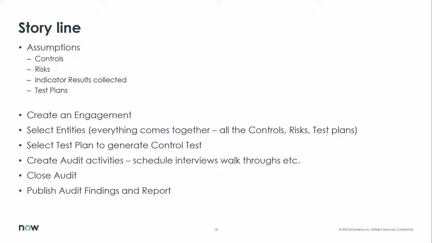We're going to select the entities because in audit, everything comes together and we start with the entities, not the entity types. Then we're going to select the test plans and generate the control tests that we want the auditors to run. And then we'll add a couple of control audit activities just to see what it would look like. And then close the audit. And then we'll take a look at what an audit report looks like out of the box.